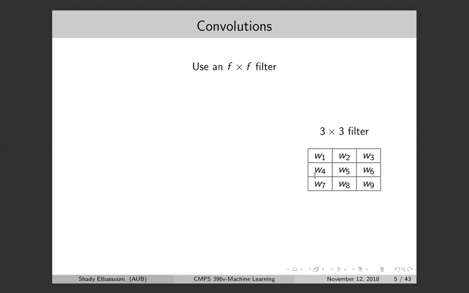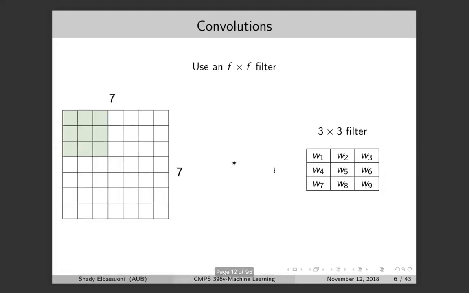And what is a filter? It's just a set of weights. So here I have a 3 by 3 filter, so I have 9 weights, W1, W2, W3 until W9. And I'm going to use it on an image. So let's assume my image was a 7 by 7. I can convolve this image with a 3 by 3 filter, which is a set of weights, as follows.